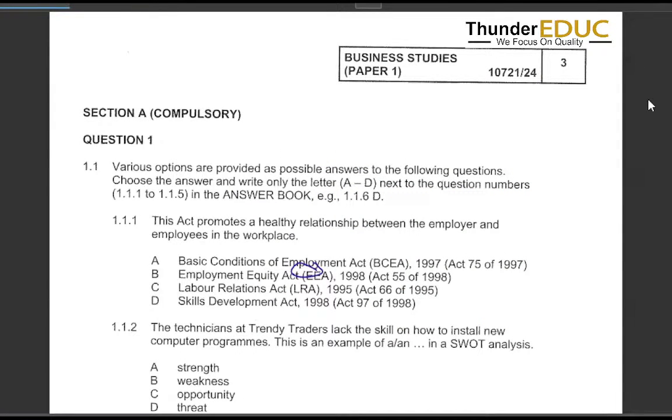So now grade 12s, as I was saying, in section A, we are expected to answer 30 marks questions and spend a maximum of 20 minutes. So now let's quickly go through our question 1. It reads as follows. Various options are provided as possible answers to the following questions, and you choose the answer and write only a letter A to D next to the question numbers.